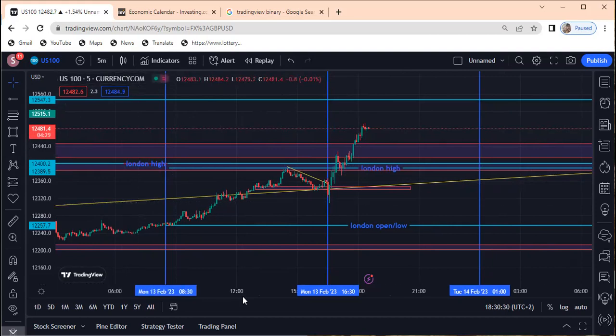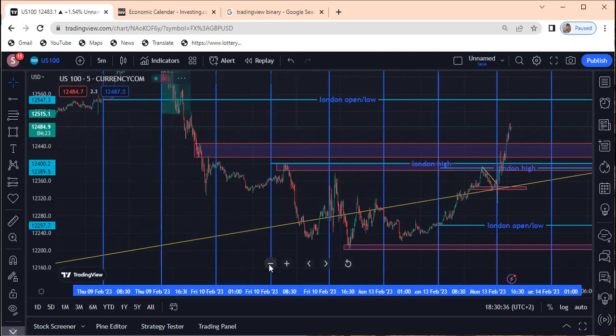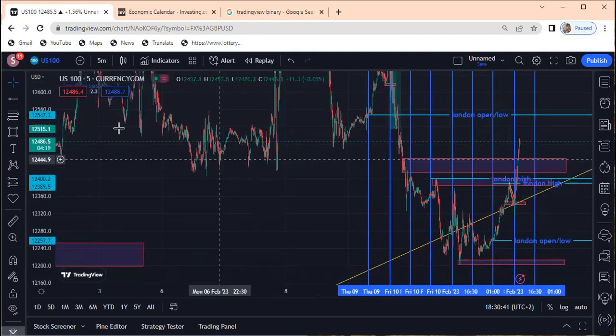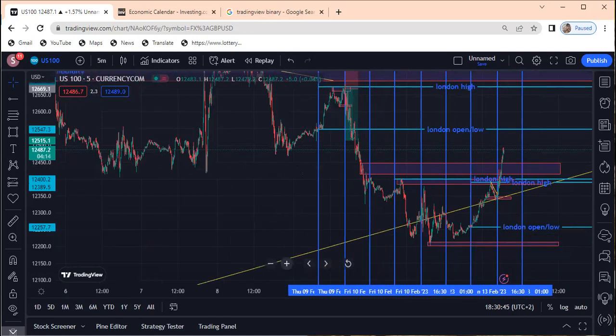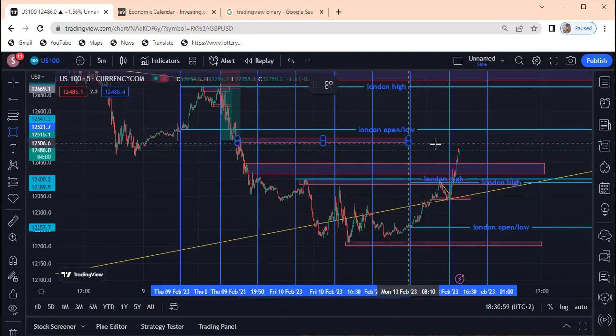At this point, it's still the New York session, by the way, so there's still liquidity that can be used and still more liquidity to act on. The closest order block is at this level here, and it's approaching this level.